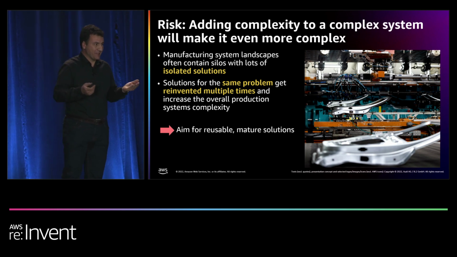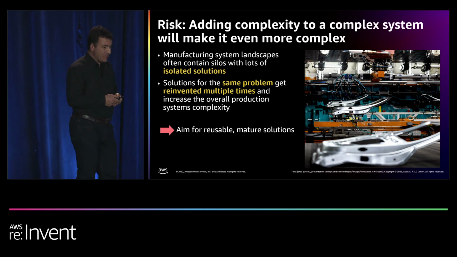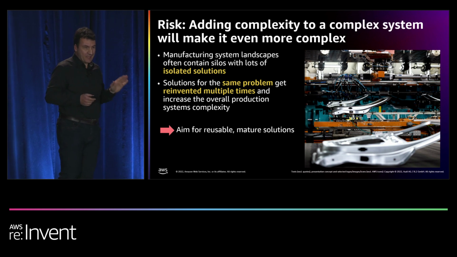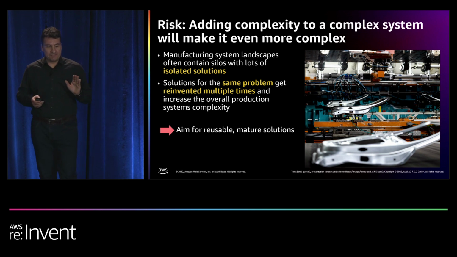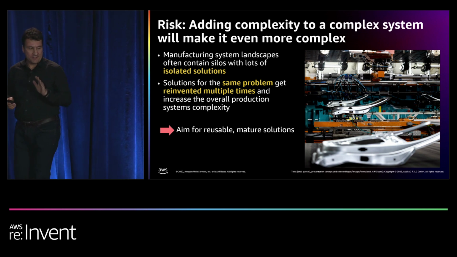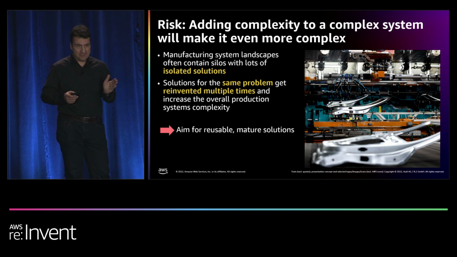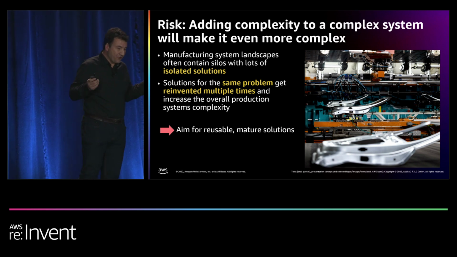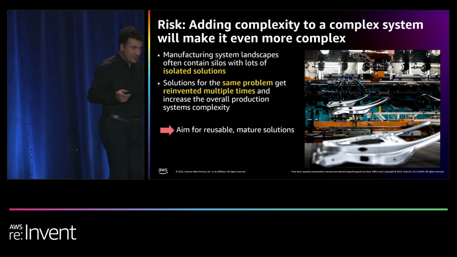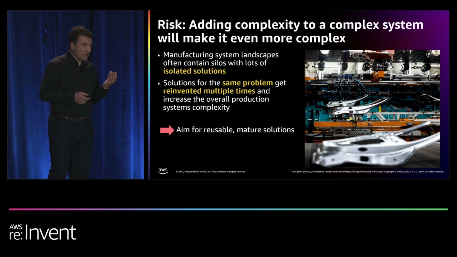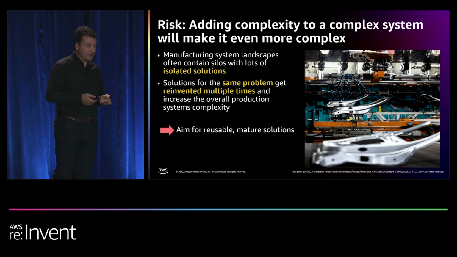Well, no, of course not. But it comes with a risk. And the risk is that adding complexity to a complex system will make it even more complex. This sounds perfectly logical, but if you look at manufacturing systems, we are often neglecting this truth.